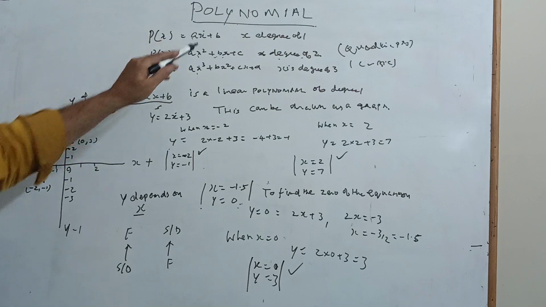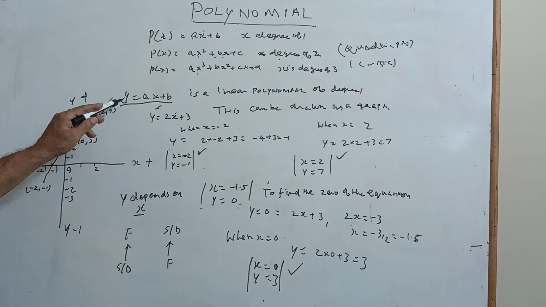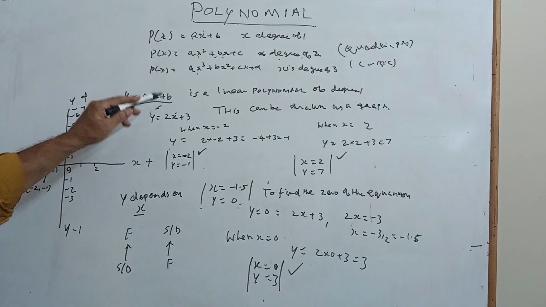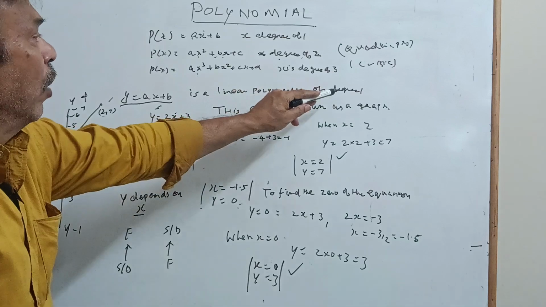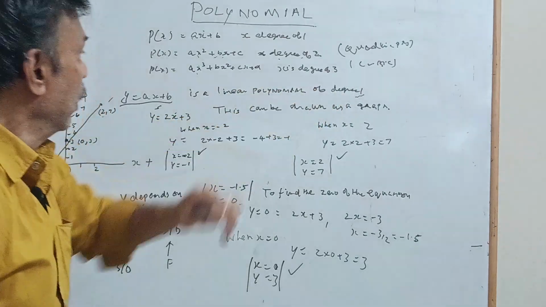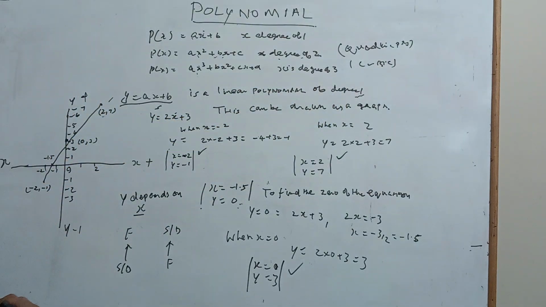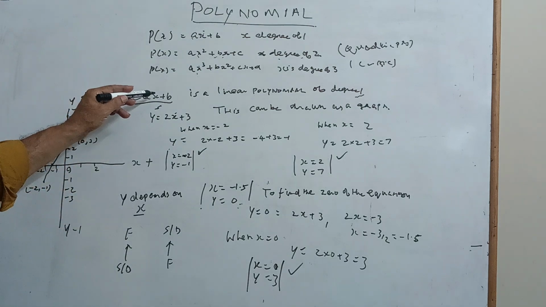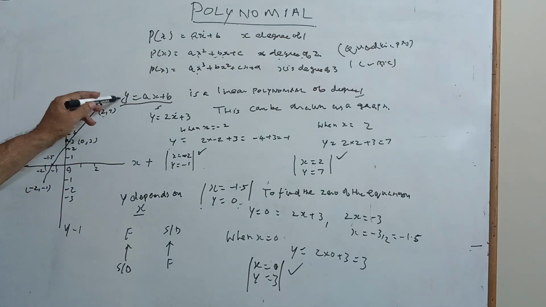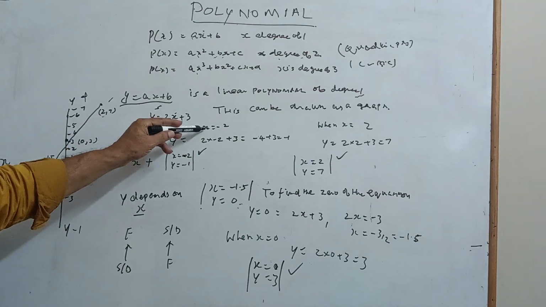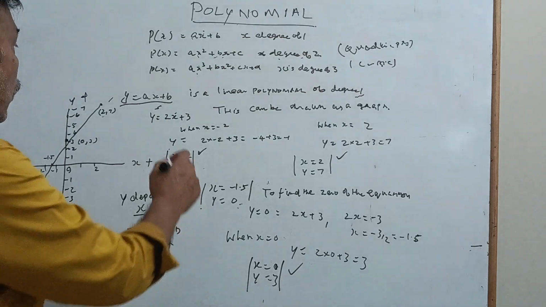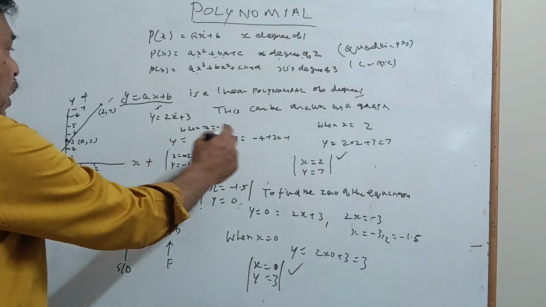Suppose you write y is equal to ax plus b. This is called a linear polynomial of degree 1. You can assign some values to x and get the value of y, and draw a graph. Suppose when x is equal to minus 2, you substitute minus 2 here.